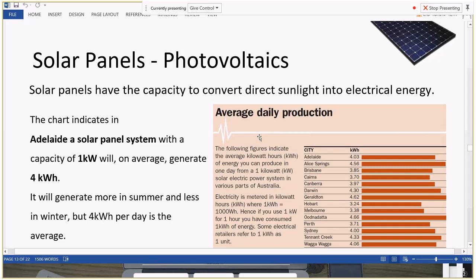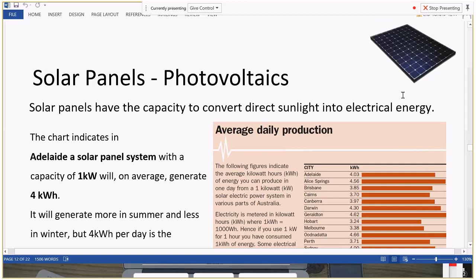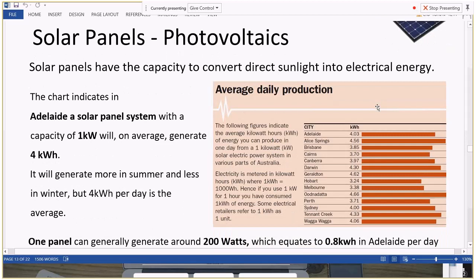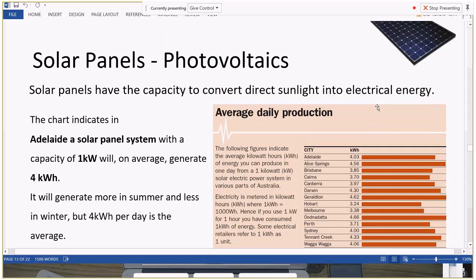So that's your, and other forms of alternative energy supply, wind power as well. We can have a wind generator on your property, but typically the way of producing power for yourself at home is going to be solar panels, also known as photovoltaics. The other thing about photovoltaic systems is, you probably would have seen it on TV or social media or so, that you can get a 3 kilowatt system for $2,500, fantastic, fully installed.